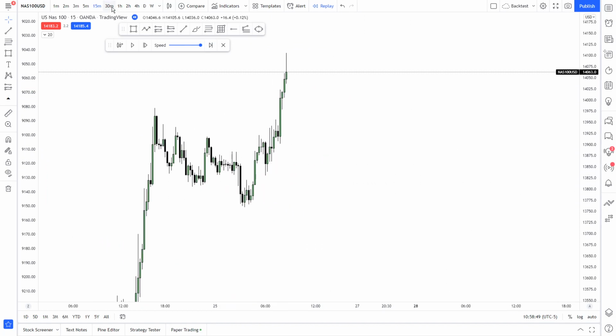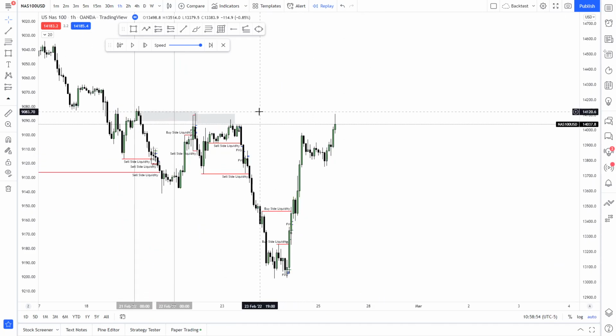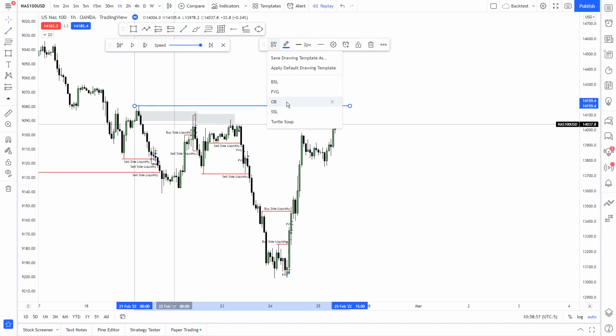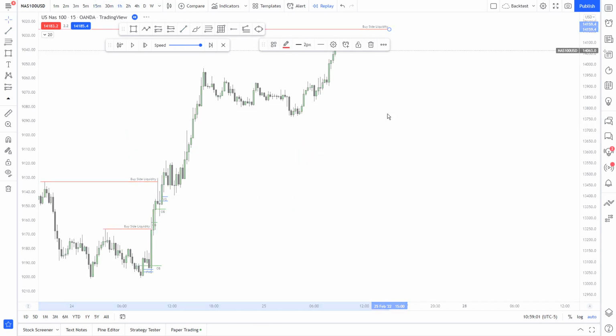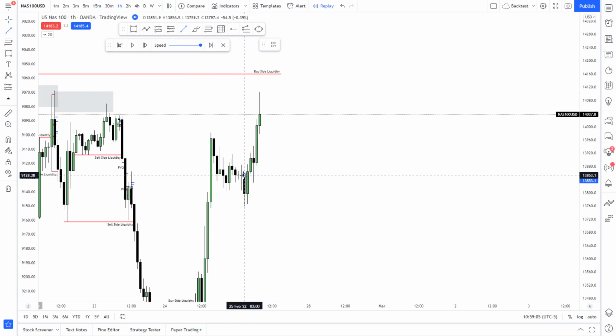So it looks like we're maintaining bullish structure, and price wants to come for this buy side liquidity. Buy side liquidity, 1 hour. So we have this 1 hour order block right here.